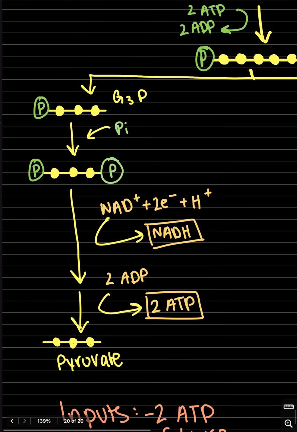And then in a series of reactions, NAD plus, which is already found in our cytoplasm, combines and reacts with 2 electrons and hydrogen ions also found in the cytoplasm, and they make NADH.